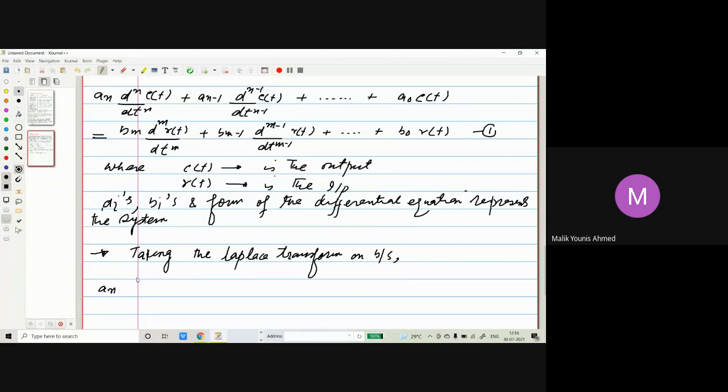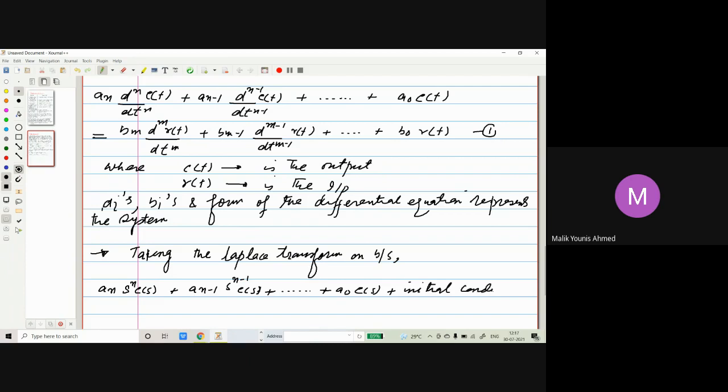So that will be s^n C(s), plus a_(n-1) s^(n-1) C(s), plus so on and so forth, plus a_0 C(s), and plus initial conditions.